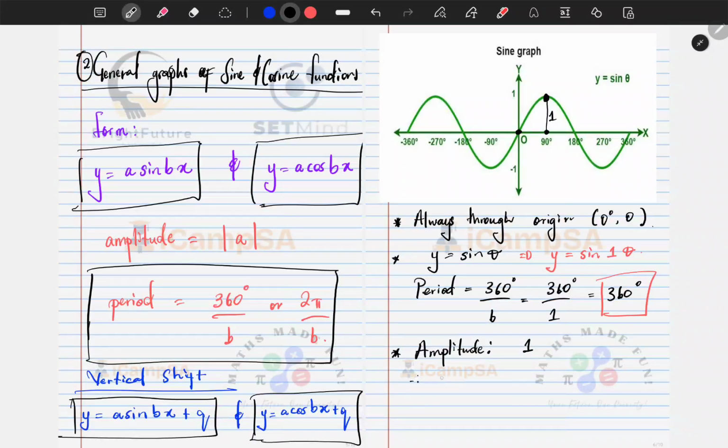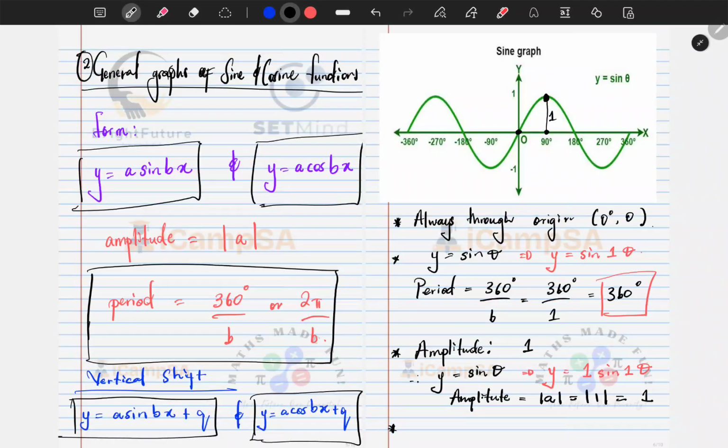Another way of doing this is y equals sine theta, which I can also write as y equals 1 sine 1 theta. The amplitude is the absolute value of a, which is the absolute value of 1, which is just 1. So in this case a is 1, hence we have 1 as our amplitude.